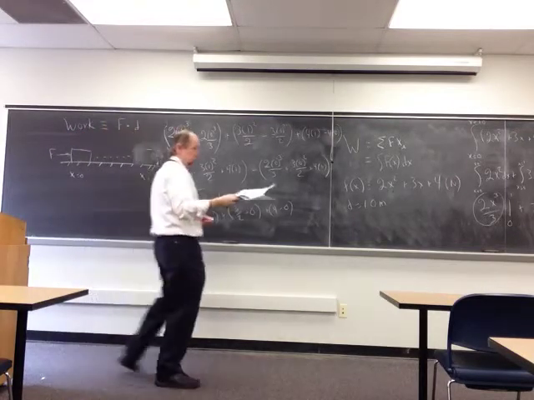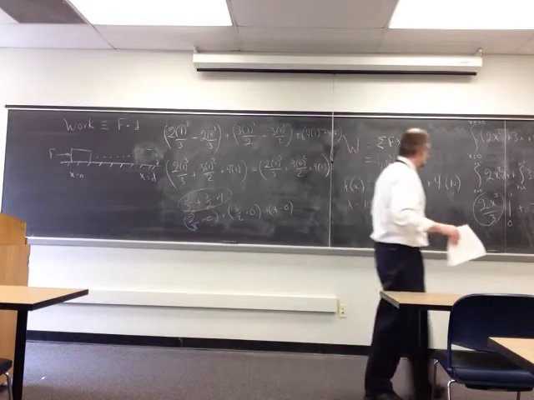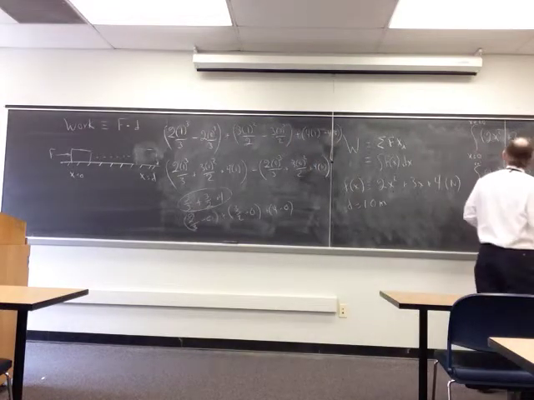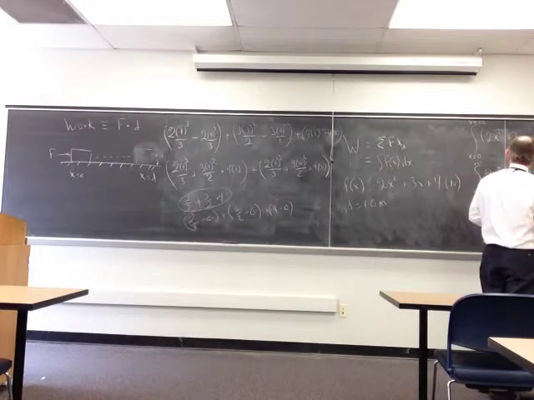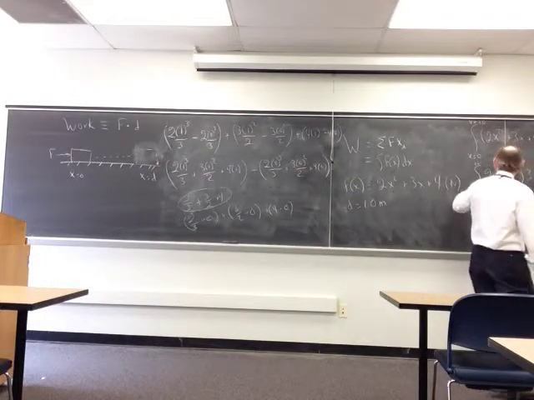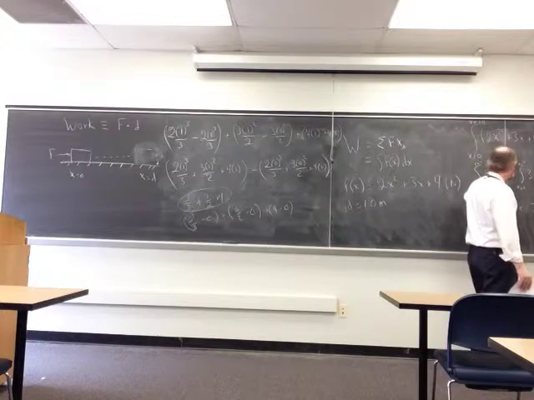Question? Yeah, I'm lost kind of back here. Okay. 2x squared dx. Why? I don't understand why. So we're going to take the integral of 2x squared with respect to x. That's what the dx means, with respect to x.